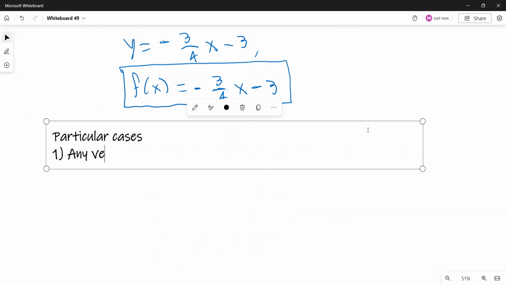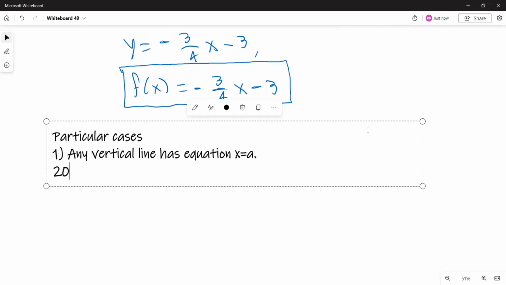Any vertical line has equation x equals a, and any horizontal line has equation y equals b.